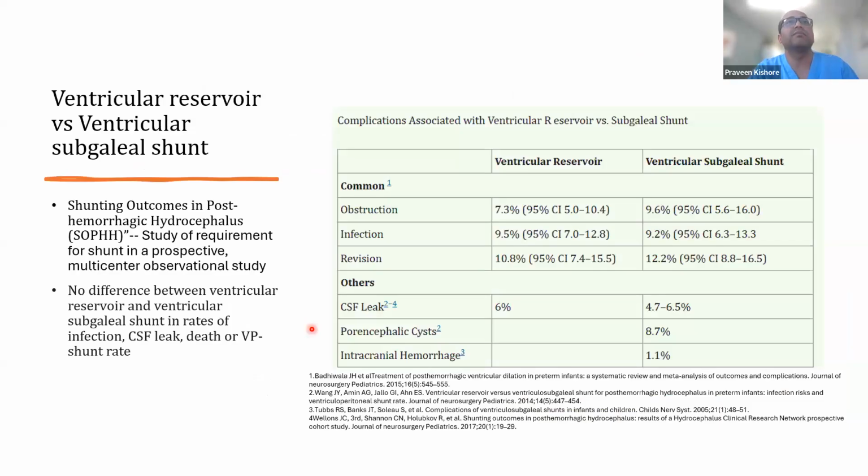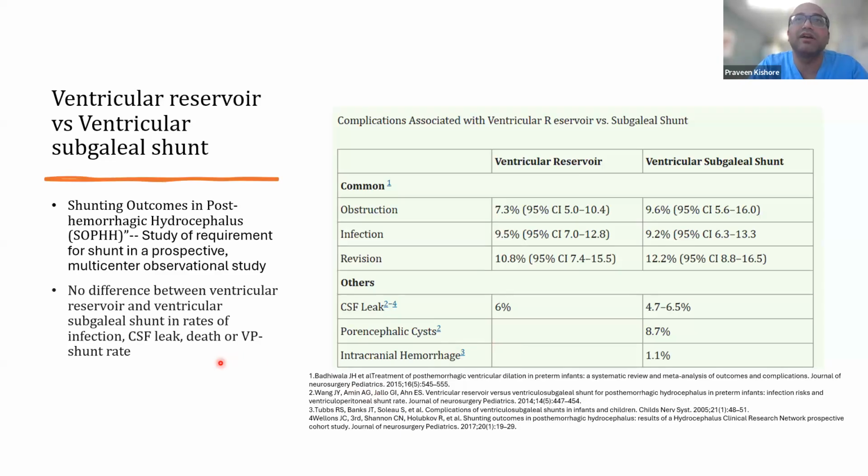This is a comparison of complications associated with ventricular reservoir versus subgaleal shunt. You can see that subgaleal shunts are more prone to obstruction. Ventricular reservoirs seem to be slightly more prone to infection. You might need to revise subgaleal shunts slightly more, but they seem to be quite similar. When I looked at the numbers, I couldn't really pick one over the other.